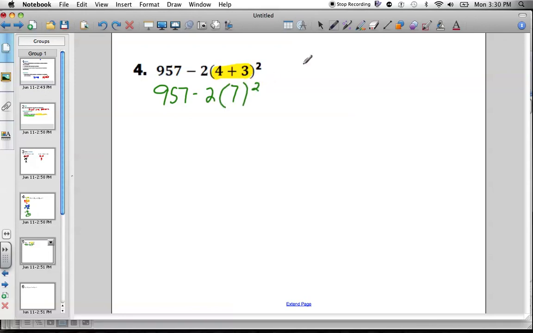And then the next thing we're going to do is take care of the exponent piece. Parentheses first, then exponent. The exponent here is 2. So we're going to do 7 squared. 7 squared is 49. Bring your 2 down, and your 957.